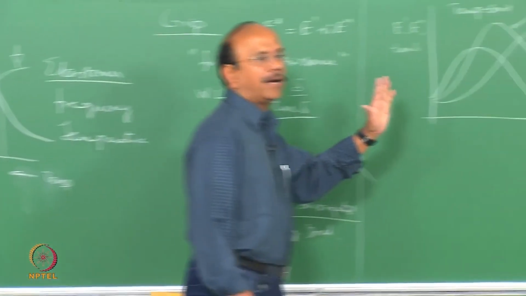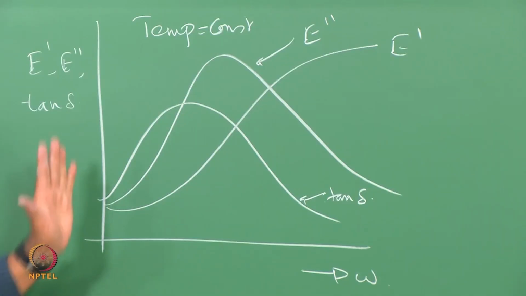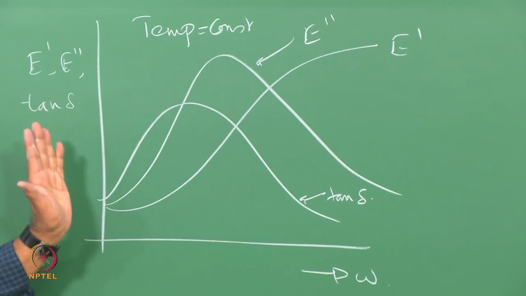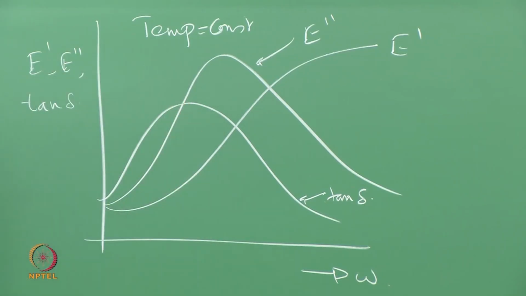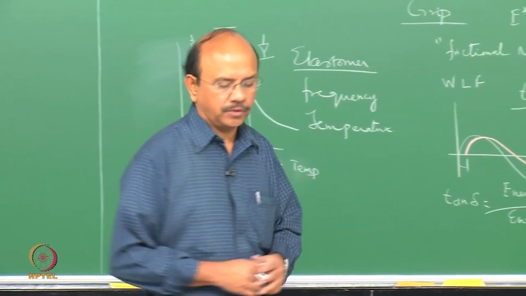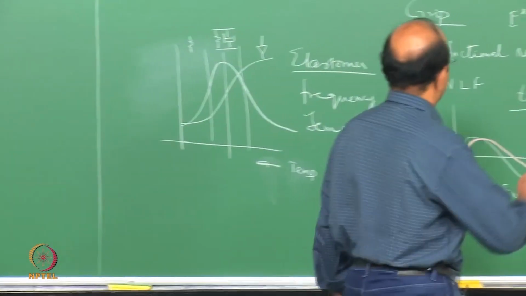In other words, at omega and at temperature T, if I now shift the temperature to T plus delta T, then what was happening at omega would happen at omega plus delta omega. This shift can be determined from the WLF equation, which is given something like this.